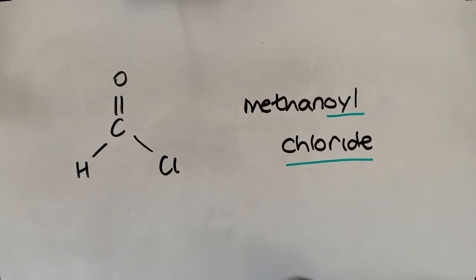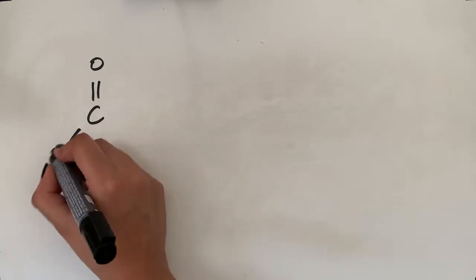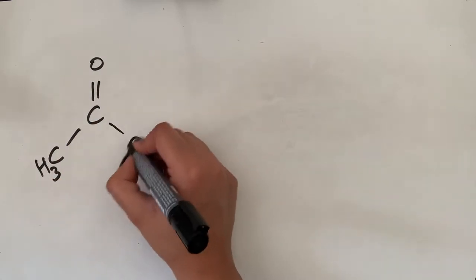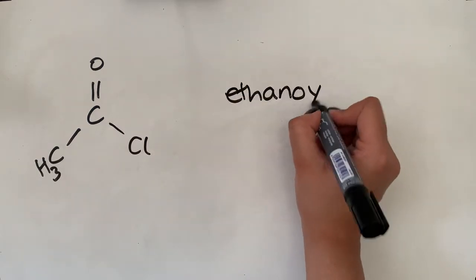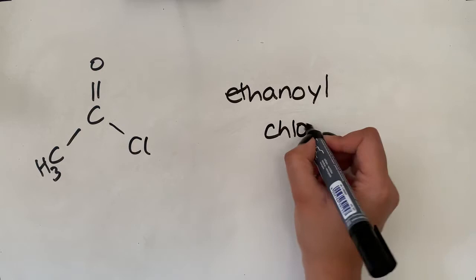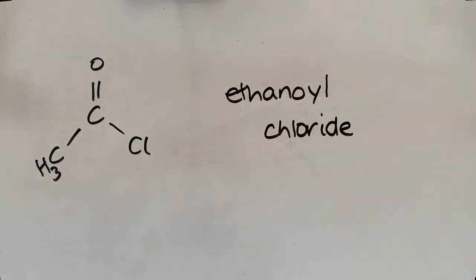So let's have a look at the next one up. This one here has two carbons, and therefore this is going to start off with ethan, then oil chloride. So this is ethanoyl chloride.